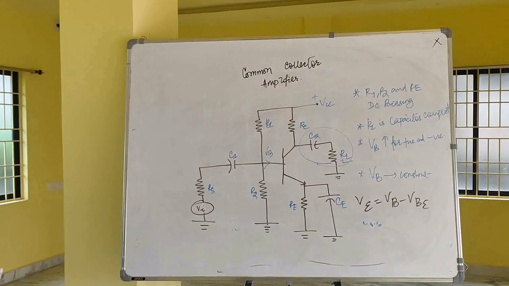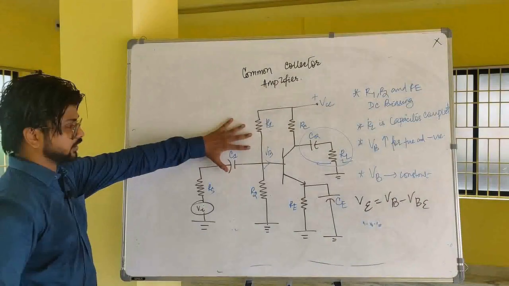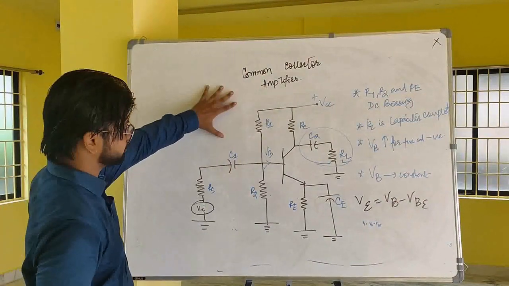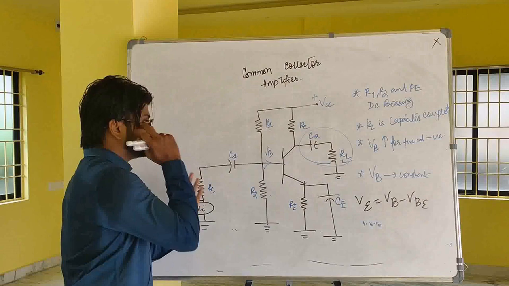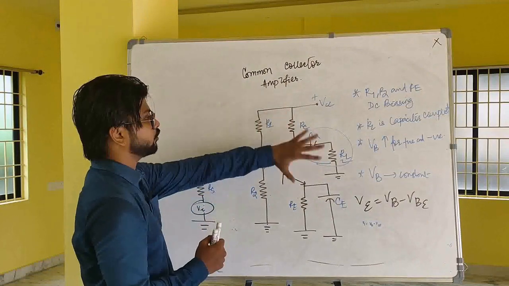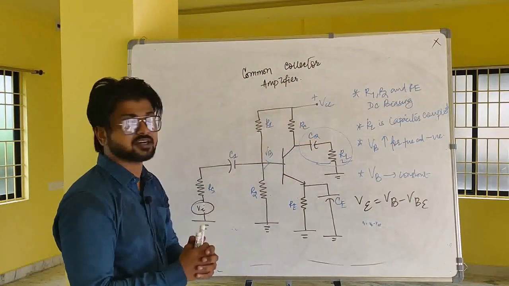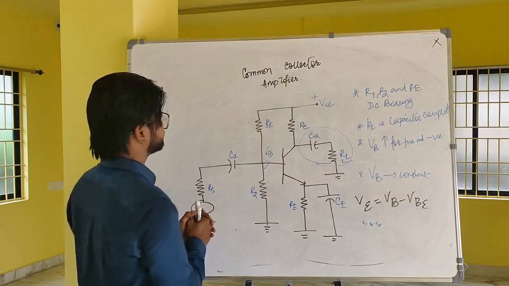In a common collector circuit, the emitter terminal follows the signal voltage applied to the base. So this circuit can be called the emitter follower circuit.